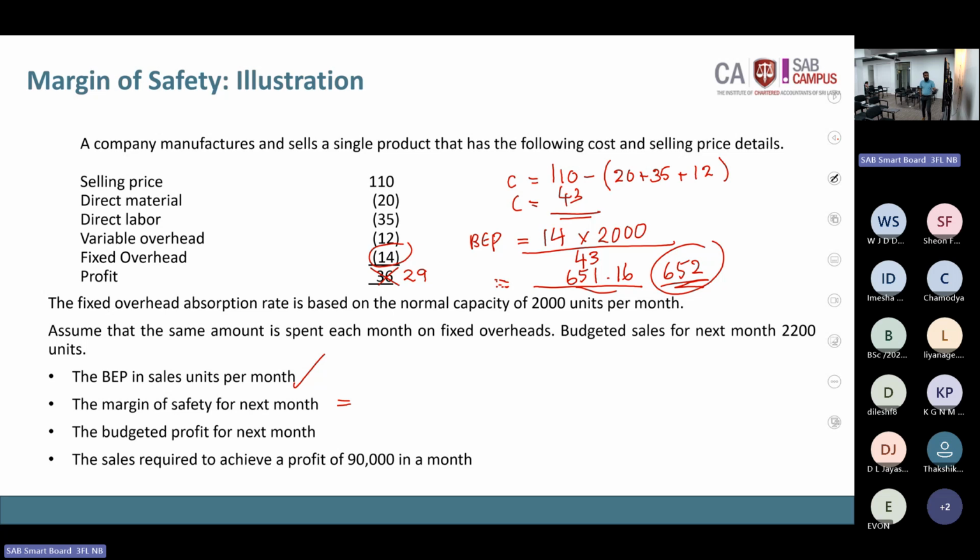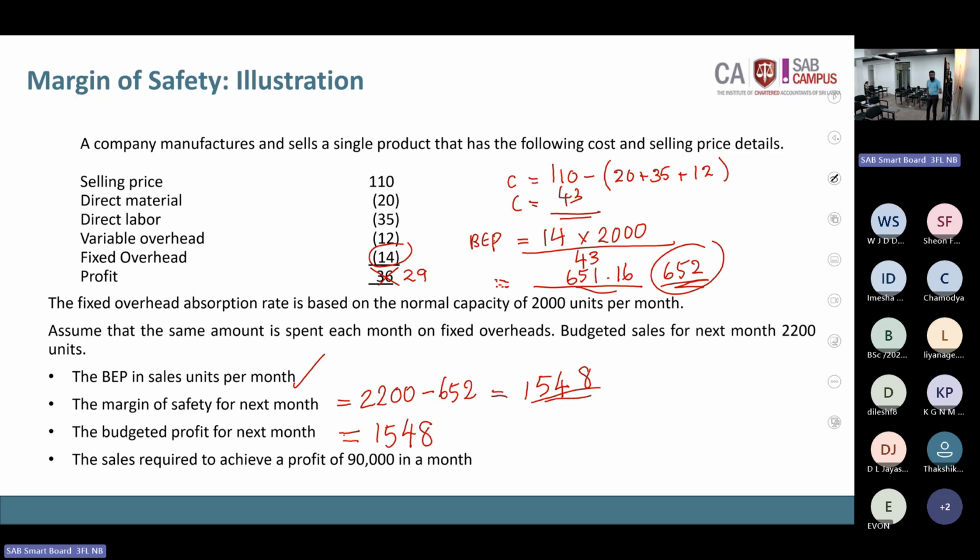Budgeted sales is 2,200. 2,200 minus 652 gives 1,548 units. This is entirely the margin of safety.